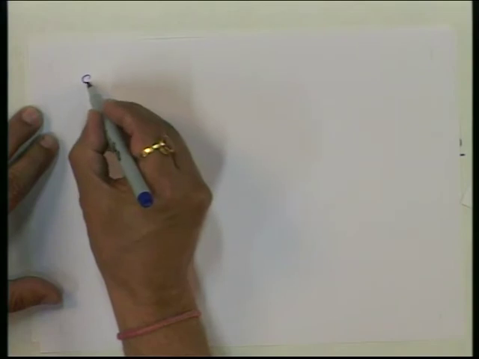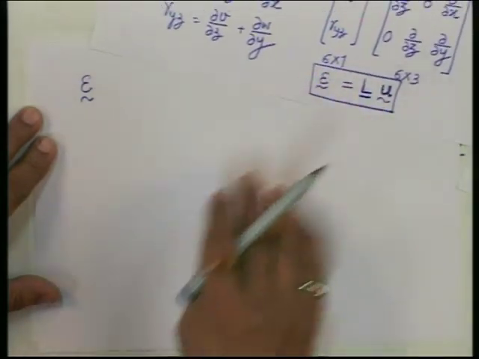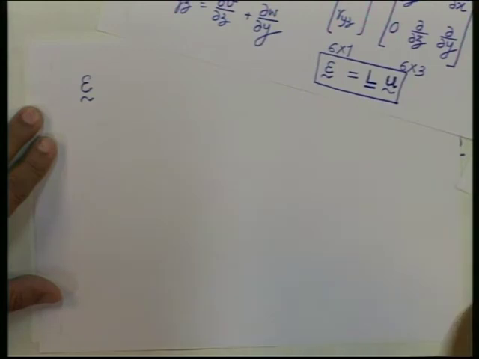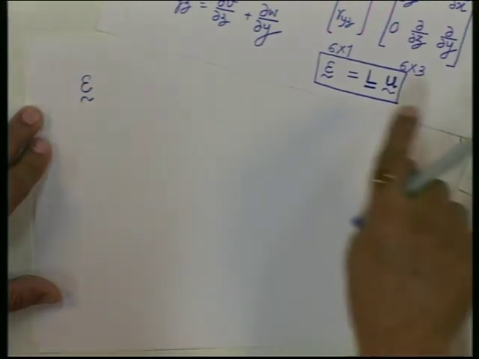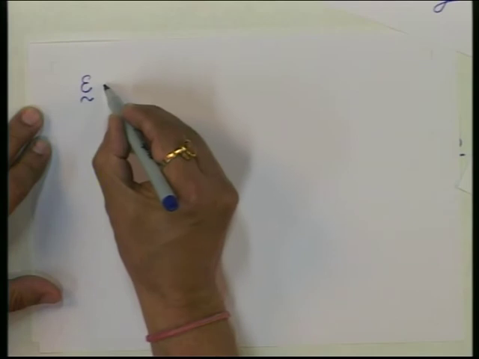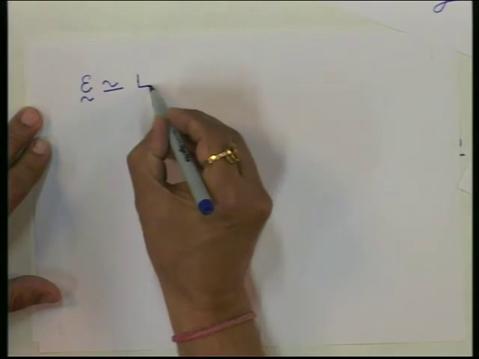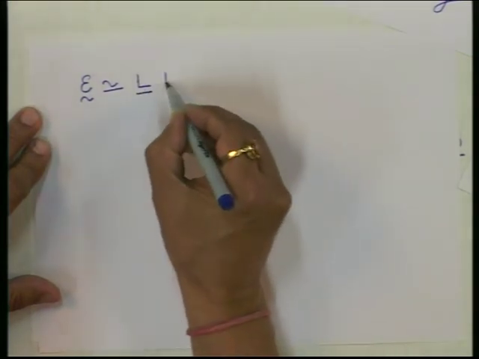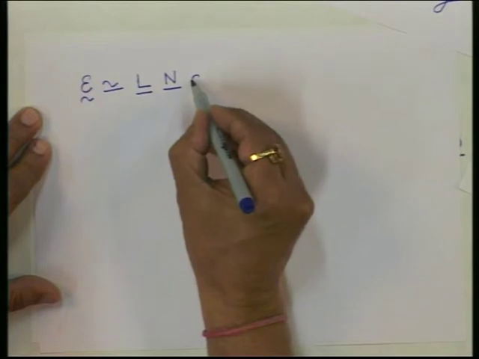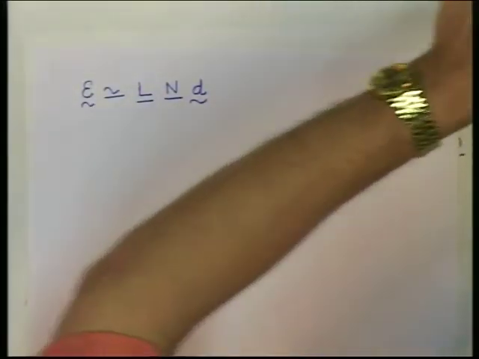Strain, therefore, is equal to L times U. I want to substitute U equal to N times D, but since this is approximate, my strain will become approximate. So U equals N times D. N is the shape function matrix, D is the nodal displacement vector.